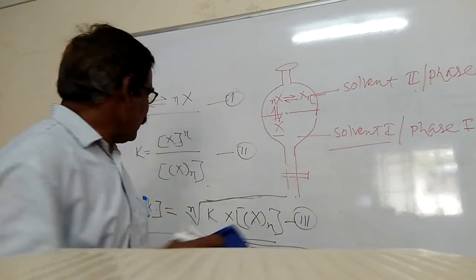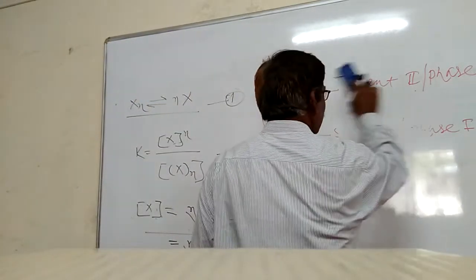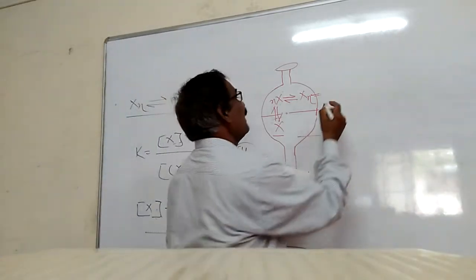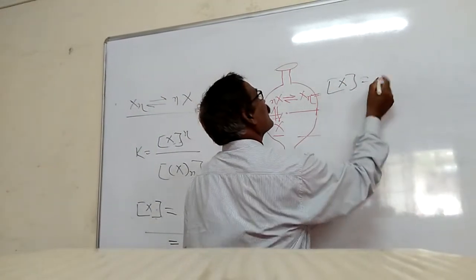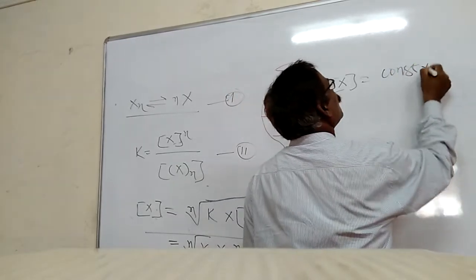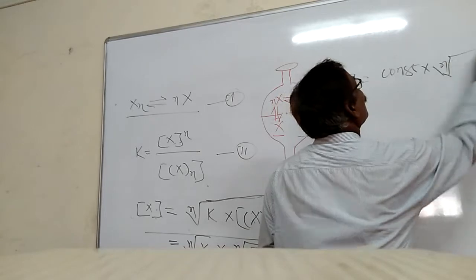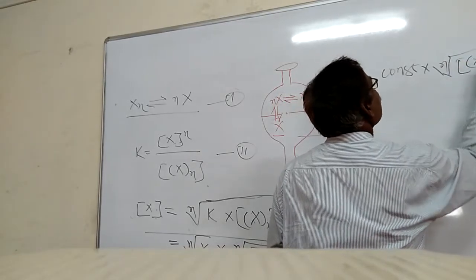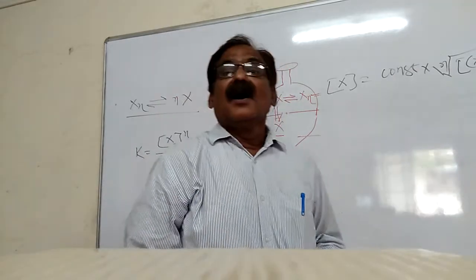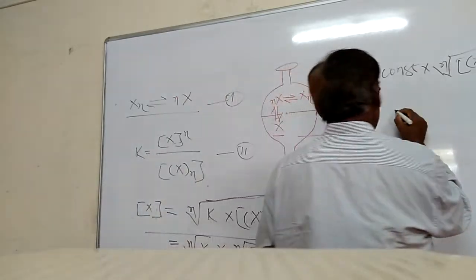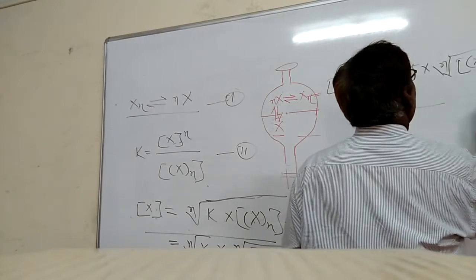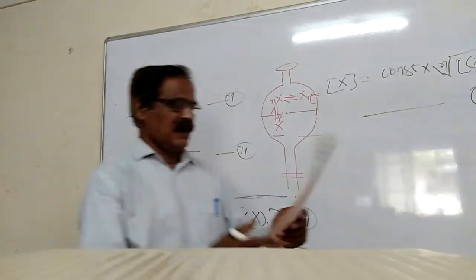So we can write the concentration of X is equal to a constant into the nth root of Xn. Equation number 4.